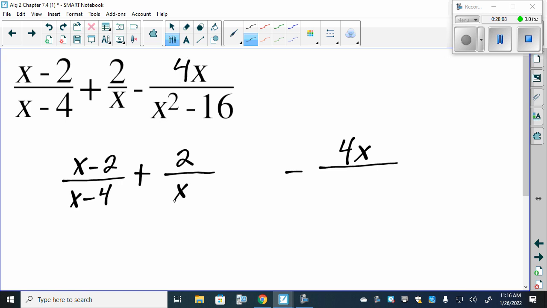And x is by itself. But we can factor the x squared minus 16. And how would that factor? x plus 4 and x minus 4, because it's the difference of perfect squares, which will factor in this way.